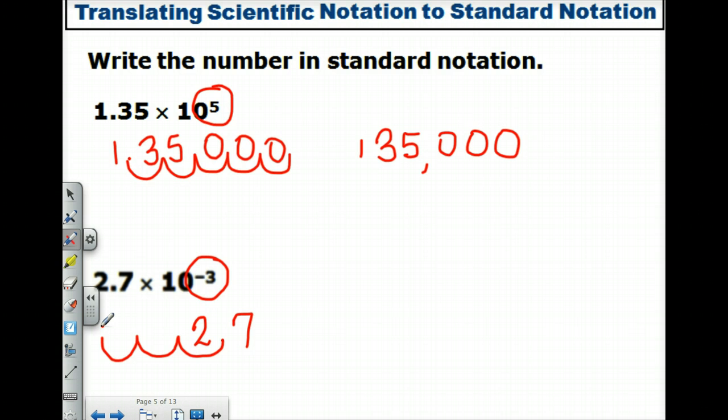Place your decimal point and fill in, I'm going to call those waves, fill in the waves with zeros. And 2.7 times 10 to the negative 3rd would be 27 10,000ths. So we just changed scientific notation back into standard form.